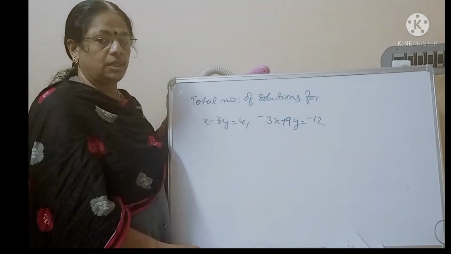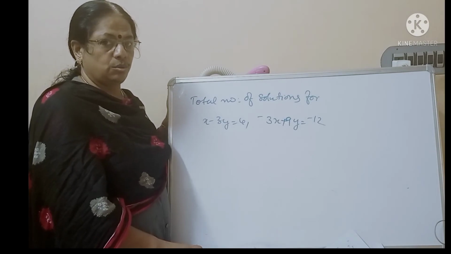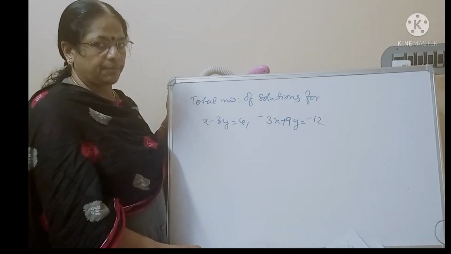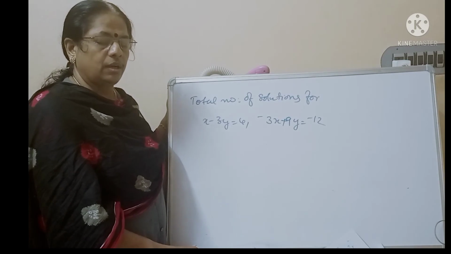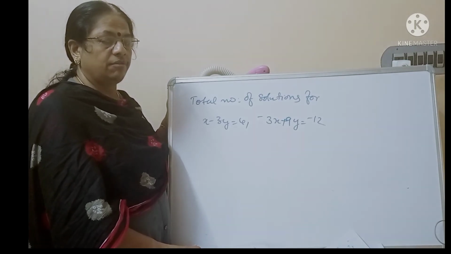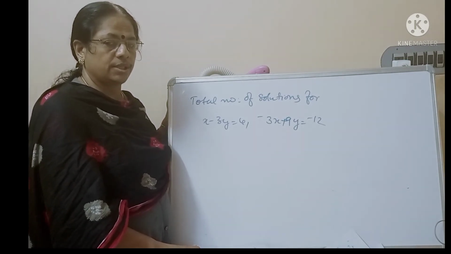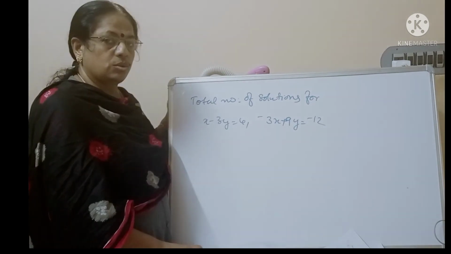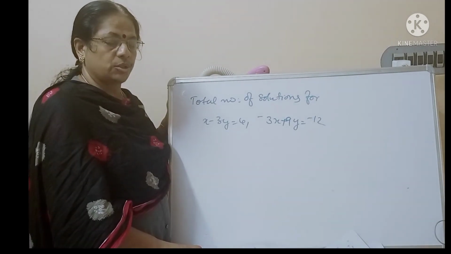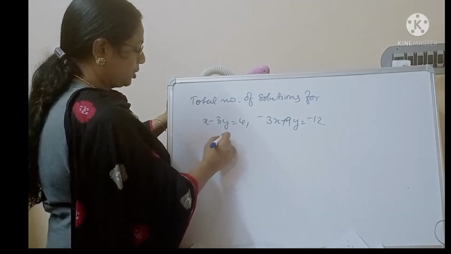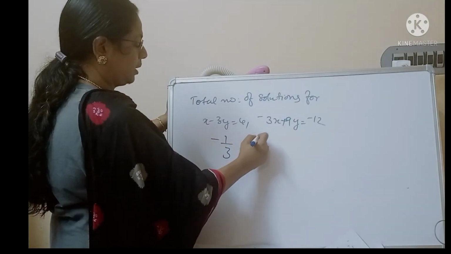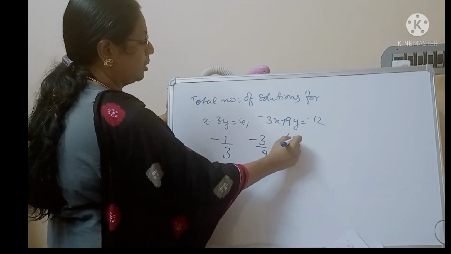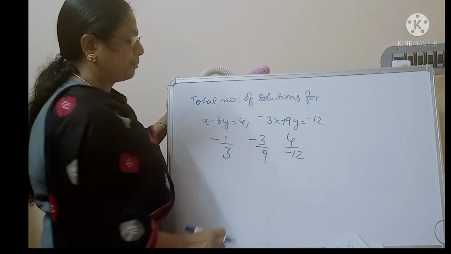The next question: total number of solutions for the given equations. In which way can we find the total number of solutions? So here also we want to take the ratio of the coefficients. So negative 1 by 3, negative 3 by 9, 4 by negative 12.